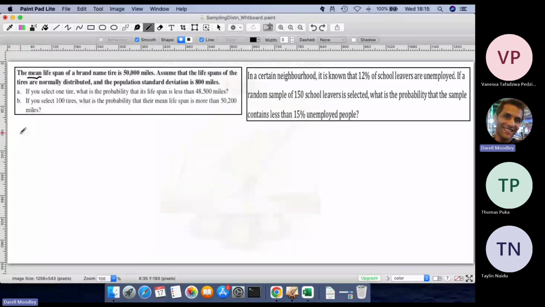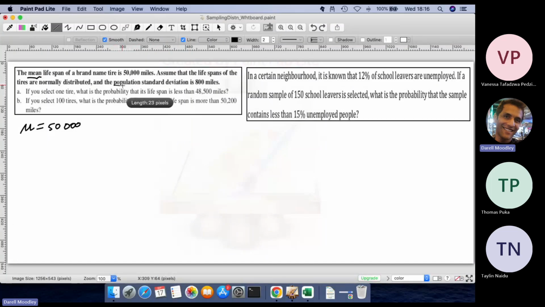In other words, mu is 50,000. And the population standard deviation is 800 miles. The symbol for that is sigma, and sigma is 800.